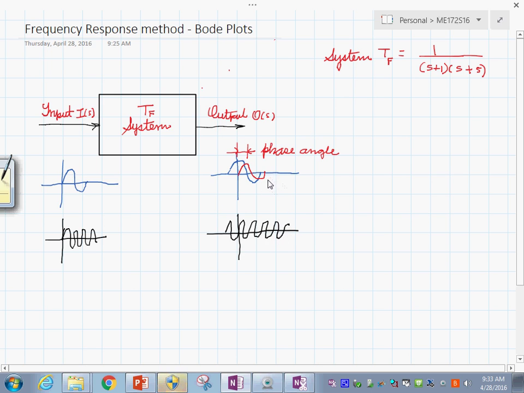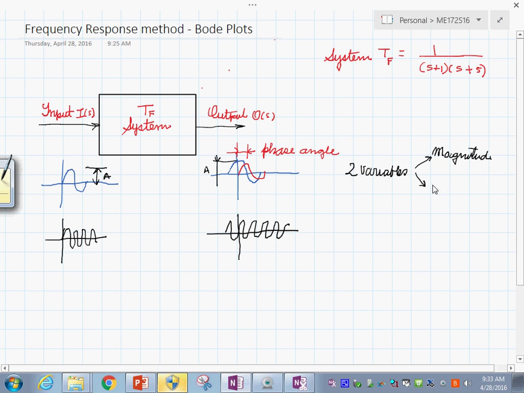Do you realize here we are measuring two things? Is the amplitude of the input, let's just put the letter A for the sake of example, the same as the amplitude over here, the amplitude of the output? So we have two things to measure. I'm going to write it down here: two variables to look at. One is the magnitude, and the other is the phase angle.